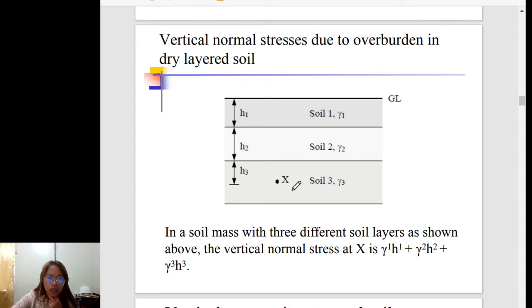So, what is the vertical normal stress at x in a soil mass with three different soil layers as shown above?